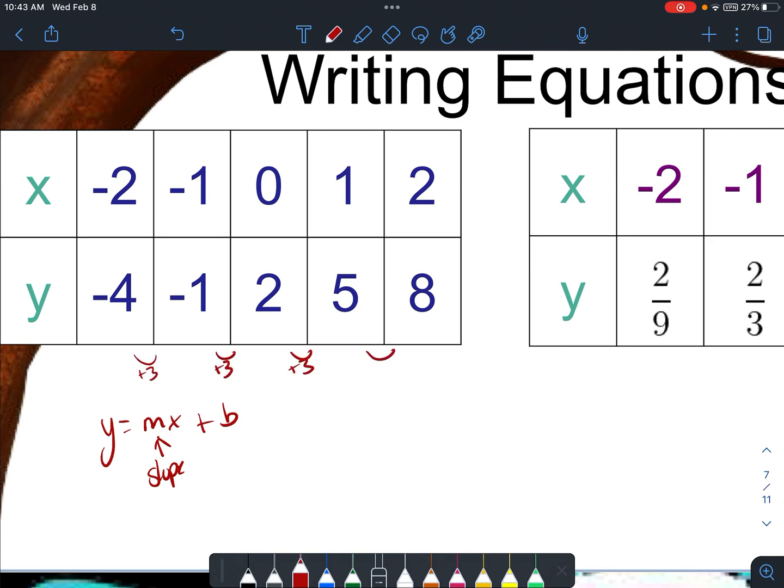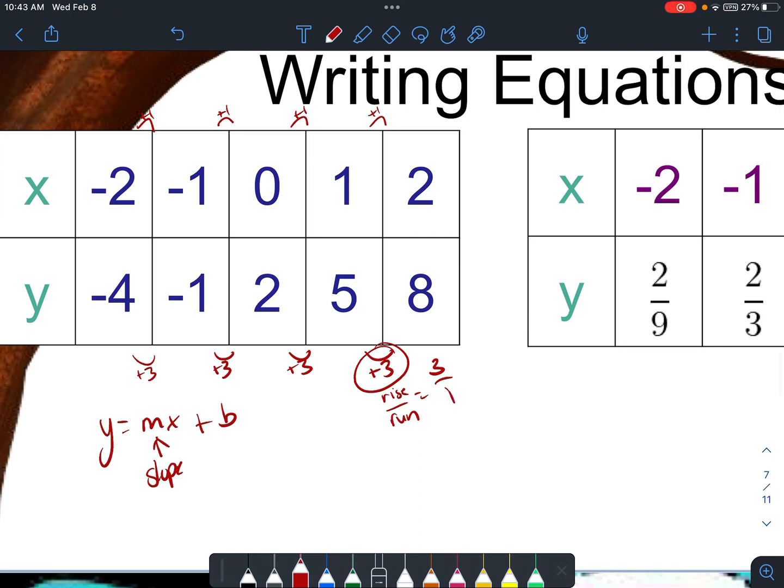So our change in y, I'm going to go kind of quick through it, in this case is 3, we can see here. Which is our rise over run, right? So change in y over change in x is 3 over 1. So our slope becomes 3. So y equals 3x plus b. Now this is the main piece: our b was our y-intercept, right?